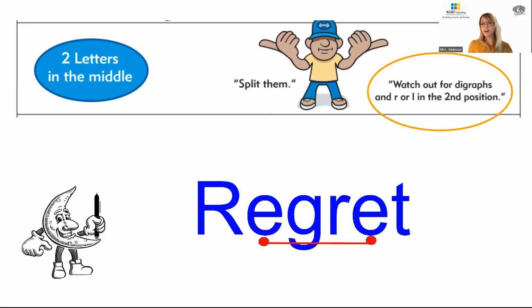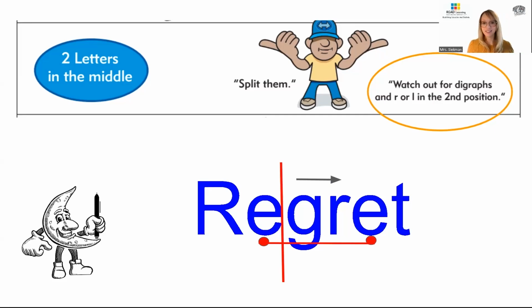However, the letter R is in the second position of the word, right after the letter G. Whenever we're dealing with an R or an L, we call those rotten letters in the second position. That rotten letter will pull that second letter with it, sending both to the end of the word.